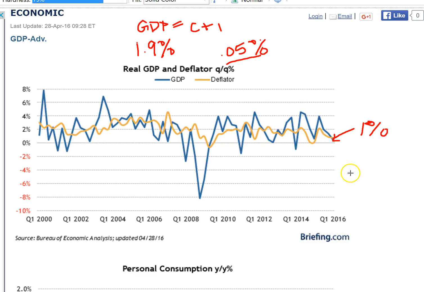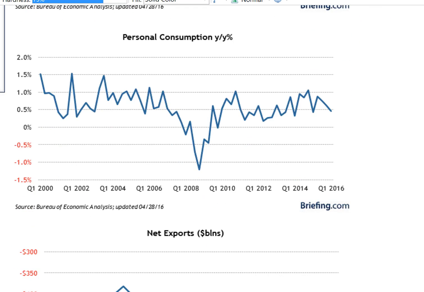Let's look at growth on C, consumption. You can see growth here was very weak for the first quarter, under 1%. So consumption, which is the personal consumption, that's the C part of C plus I plus G plus NX, has been relatively weak. We had this nice upward trend in the growth, but now we see this downward trend. And that's one of the reasons why we have weakness in GDP, because it's the largest component of GDP.